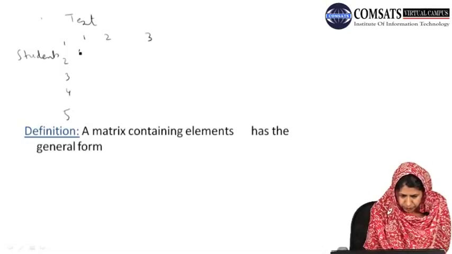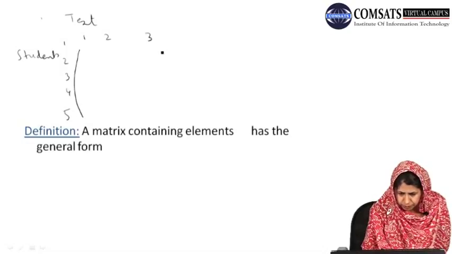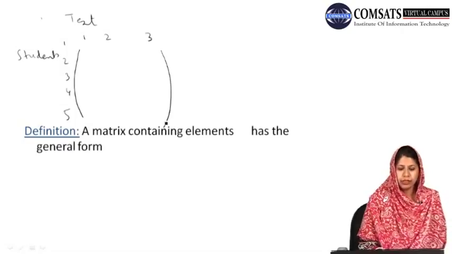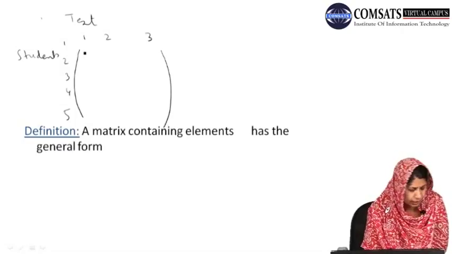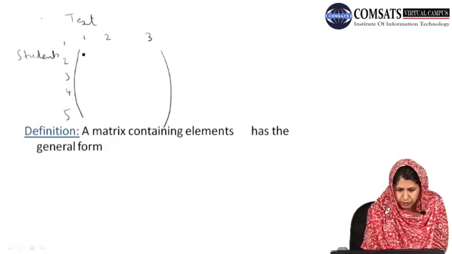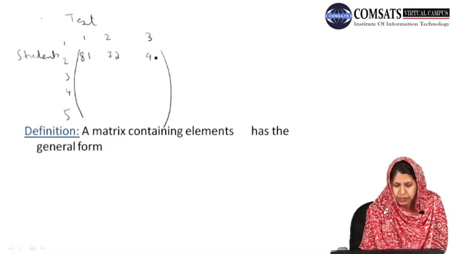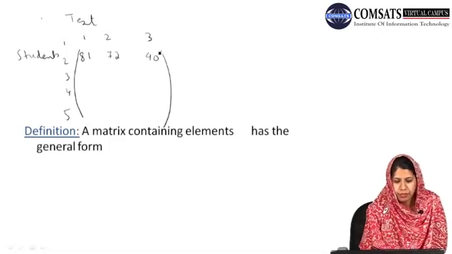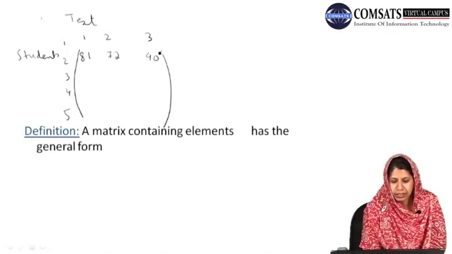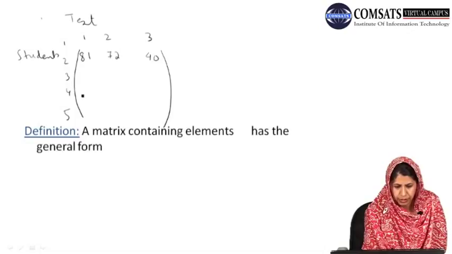Then what we do basically is, for example, student 1 has obtained 81 marks in test 1, 72 marks in test 2 and 40 marks in test 3. Then we have collected this data so that whenever we look at it, we can easily recognize what 81 means, what 72 means, and that the student has obtained 40 marks in test 3.